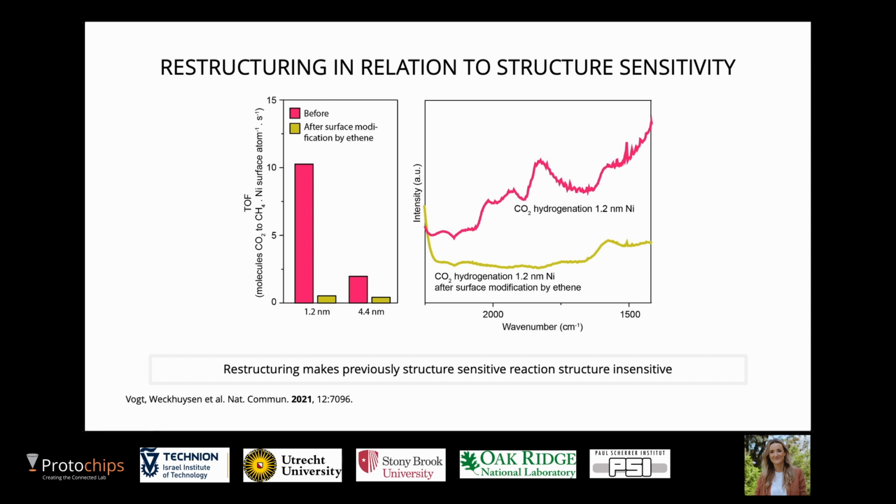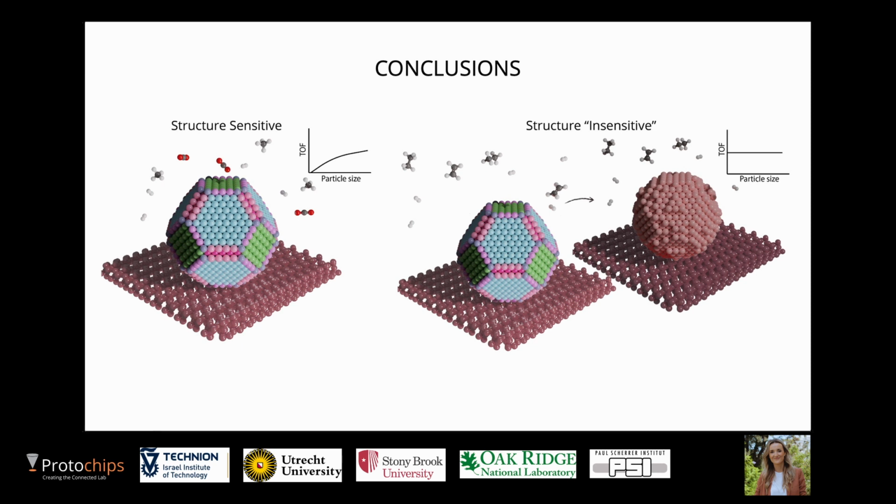And we measured the activity of CO2 hydrogenation, and we could see that after this surface restructuring, the turnover frequency was nominally the same. So basically, we made our structure sensitive reaction structure insensitive by flowing ethene, and that really explained for us why we observe this straight line, why we even observe structure insensitivity, simply because our nanoparticle restructures because of ethene. And for CO2 hydrogenation, for the structure sensitive reaction, we see nothing of the sort.